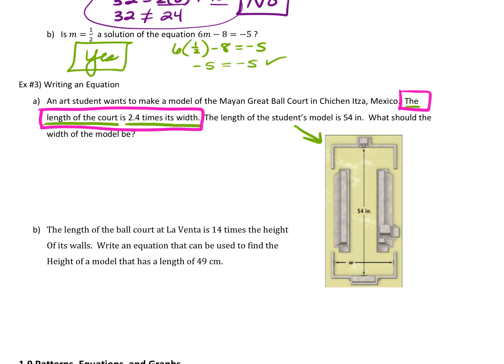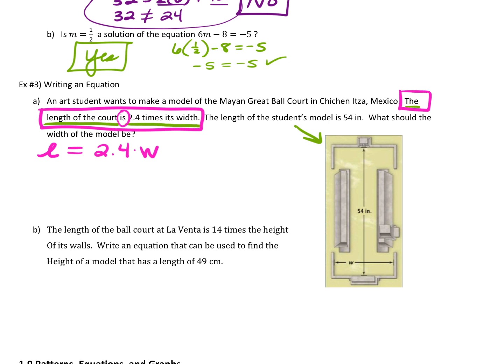L equals 2.4W. Yes, the length of the court, we're going to call it L. I always do a cursive L so it doesn't look like a 1, okay? So cursive L is 2.4 times, you don't have to put the times, you can just put them next to each other if you want. So the length is 2.4 times the width, okay?